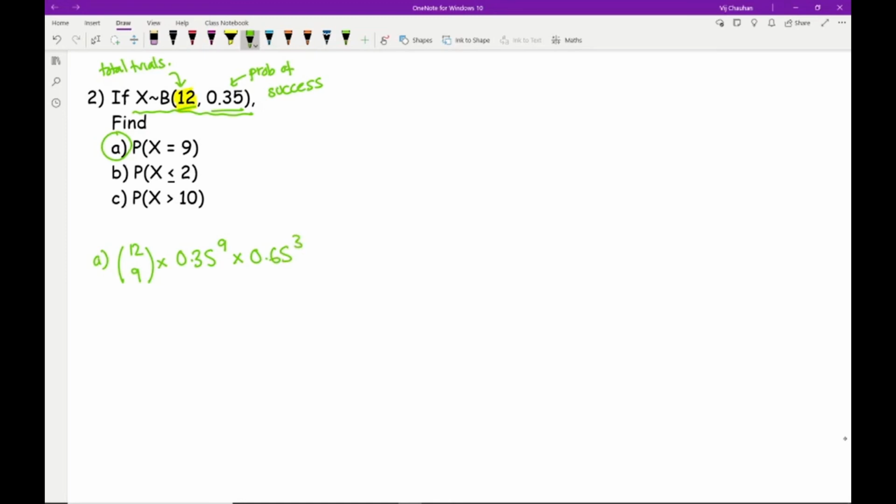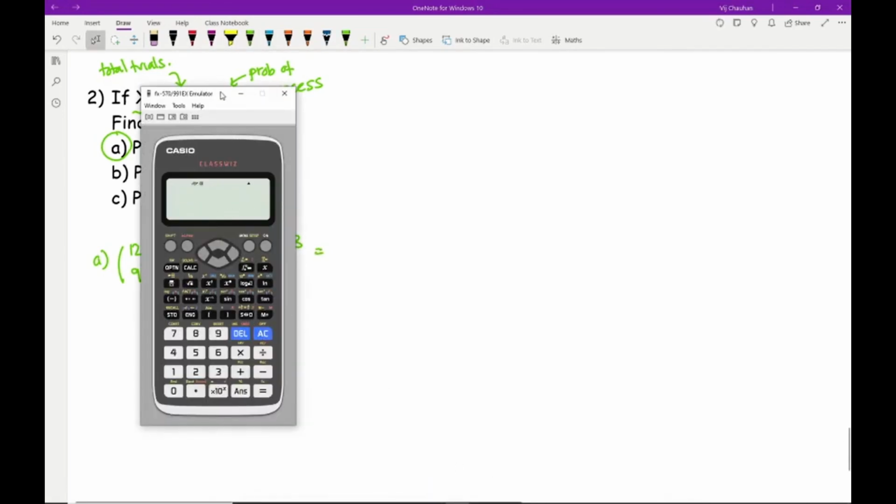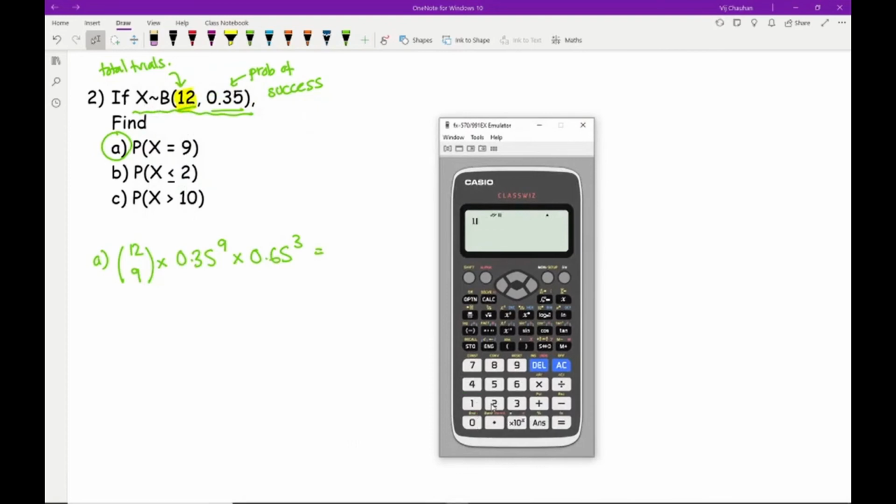And if I type that into my calculator, which I'll do now, I've got 12 nCr 9 times 0.35 to the power of 9 times 0.65 to the power of 3. Oh, it's come out wrong on the calculator, so let me enter it again and double check that it seems fine.